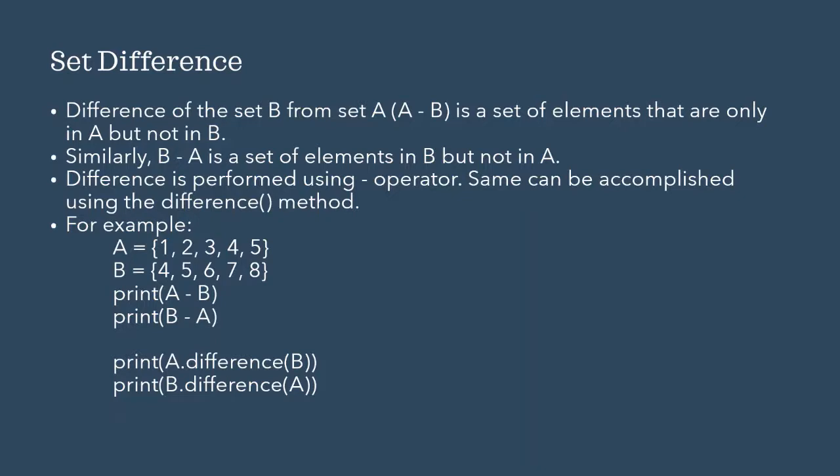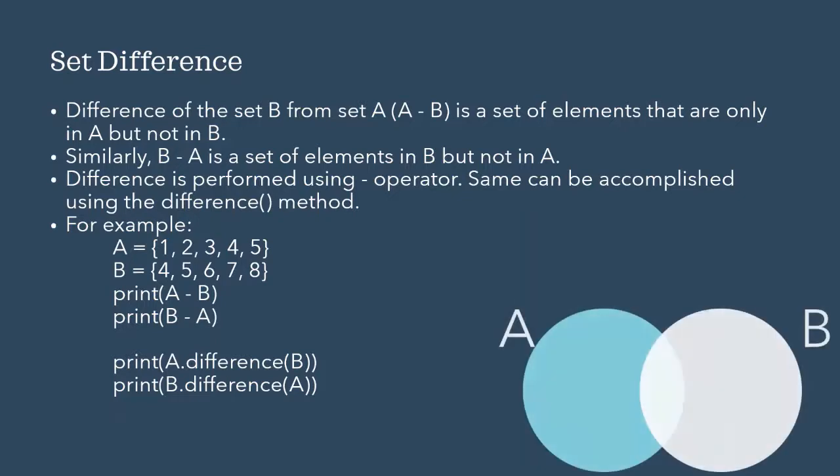So in the example I am printing A minus B and B minus A. Similarly, with the method it will be A dot difference of B, which is the same as A minus B, and B dot difference of A, which is the same as B minus A. In the Venn diagram, A minus B represents all the elements in A without those in B. In this example, if I say print A minus B, the output will be 1, 2 and 3. 4 and 5 are in B, so those will be removed. 1, 2, 3 are A's unique elements.